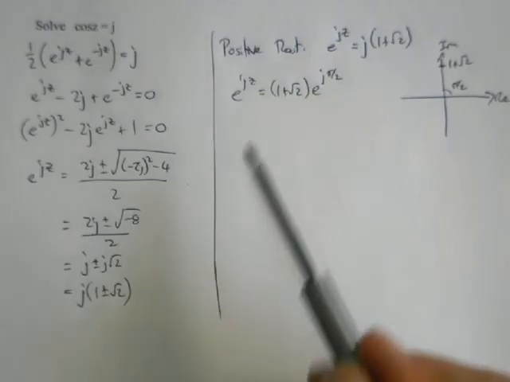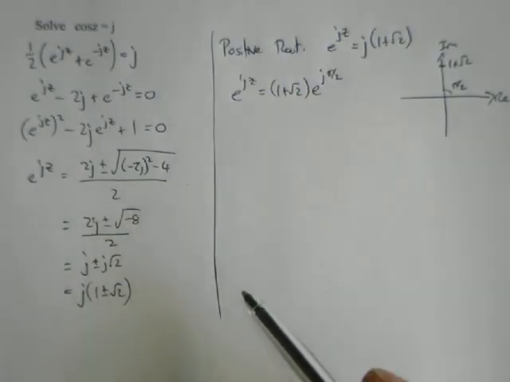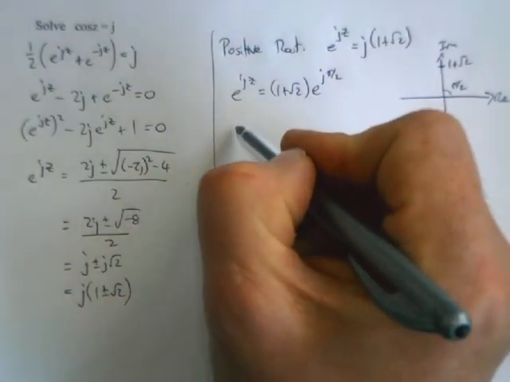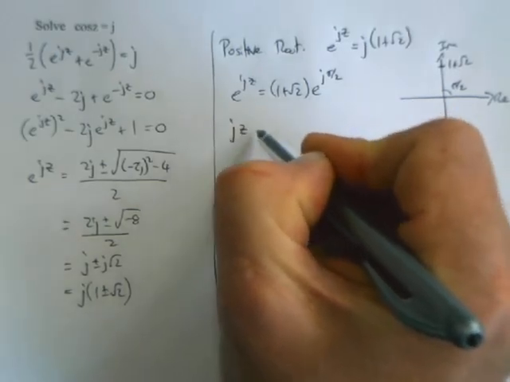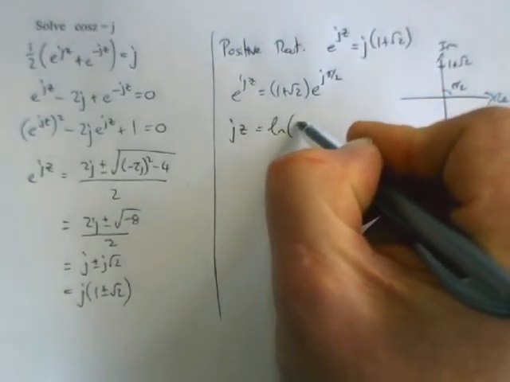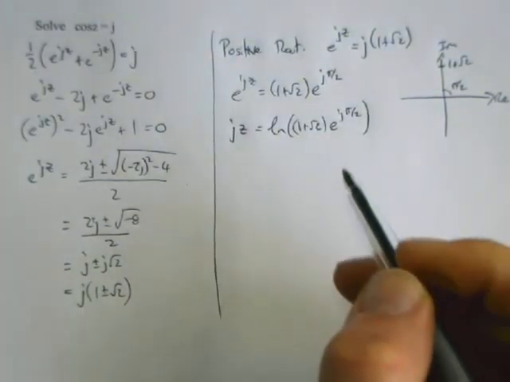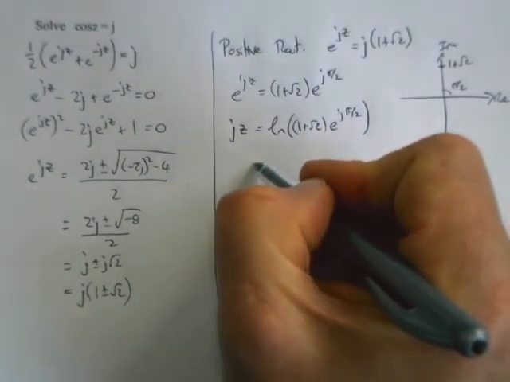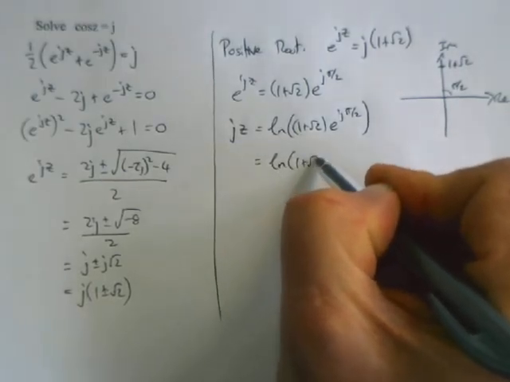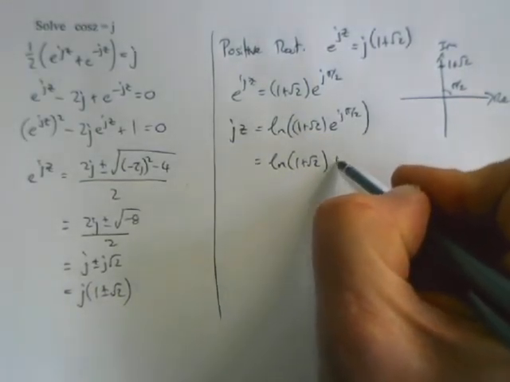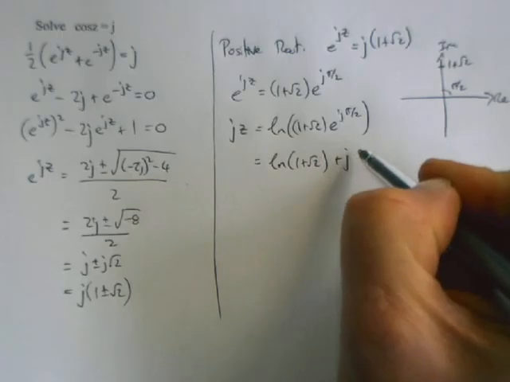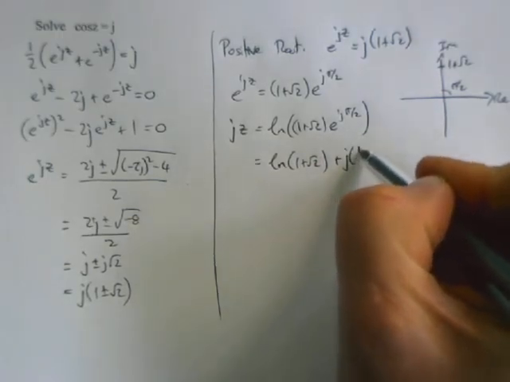If I log both sides, I get jz is the natural log of 1 plus root 2 e to the j pi upon 2, and what we've seen previously is that gives us the natural log of 1 plus root 2 plus j pi upon 2, with the 2 pi k floating around there.